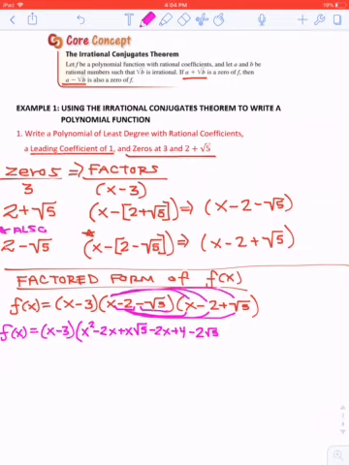I still need to deal with that negative root 5, so we're going to have to be careful with that because it does a little thing at the end. So negative root 5 times x is negative x root 5. Negative root 5 times negative 2, so that is positive 2 root 5.